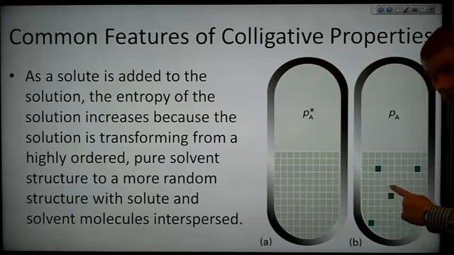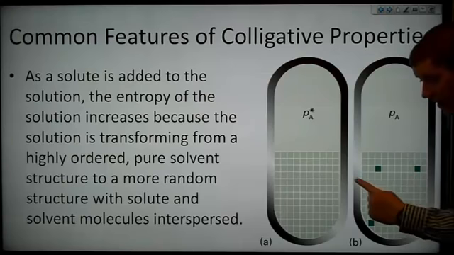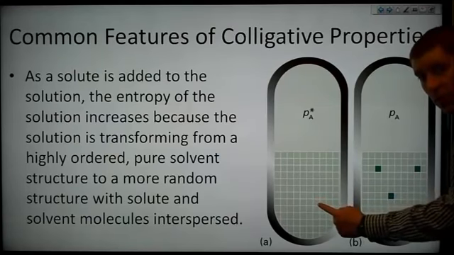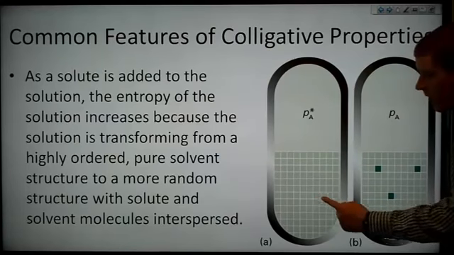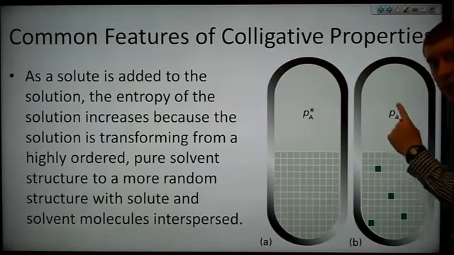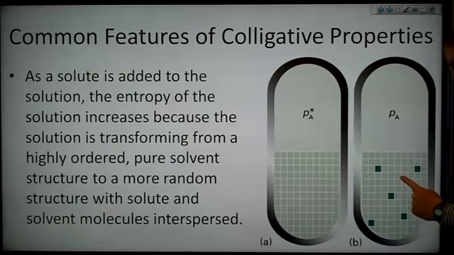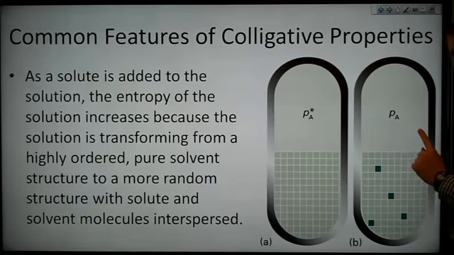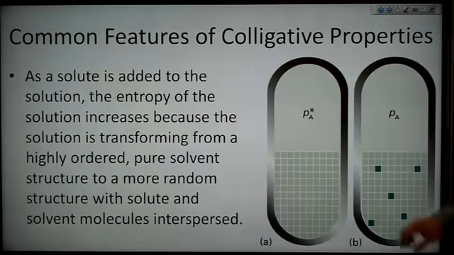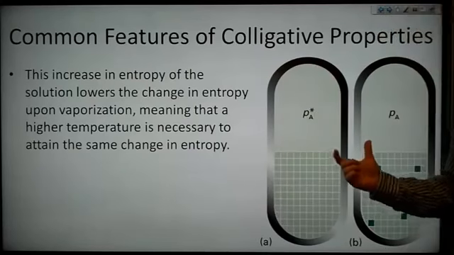Because the solution here has a higher entropy than the pure solvent there, but the entropies of the gas phases, the vapor phases, are the same. Which means that now there's less of a driving force to vaporizing our solvent to go into the vapor phase. So that means that we should have a lower vapor pressure.